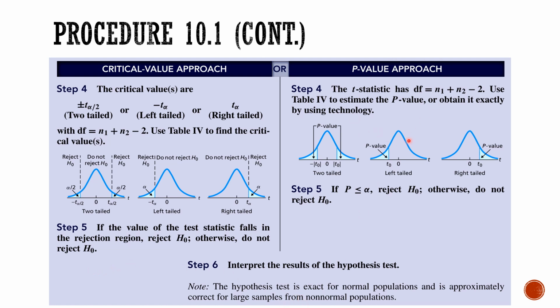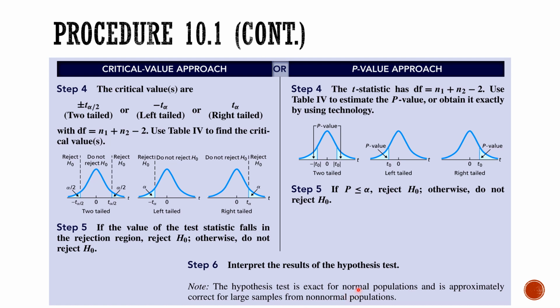And for the p-value approach, we bring our t-statistic, the evidence, find the probability of getting a p-value, and if the p-value is less than or equal to whatever the significance level is, we will reject. Otherwise, we do not reject. And finally, we will interpret the results of the hypothesis test.